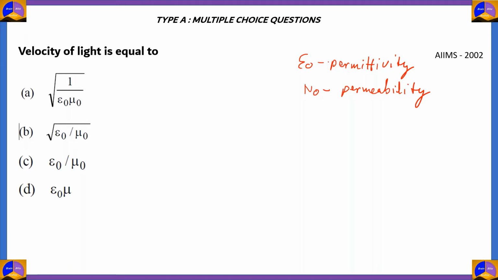So epsilon naught is used for electrostatic force, and mu naught is found in magnetic force. So the relation between these two is given as epsilon naught times mu naught is equal to 1 by c squared, where c is the speed of light.